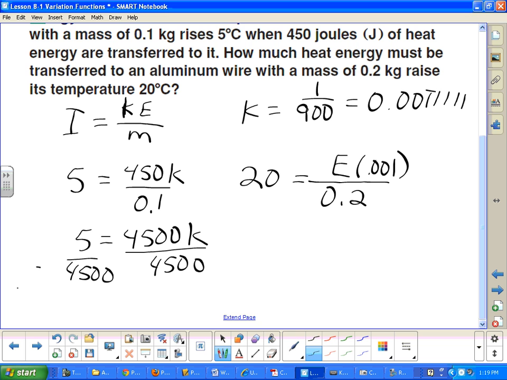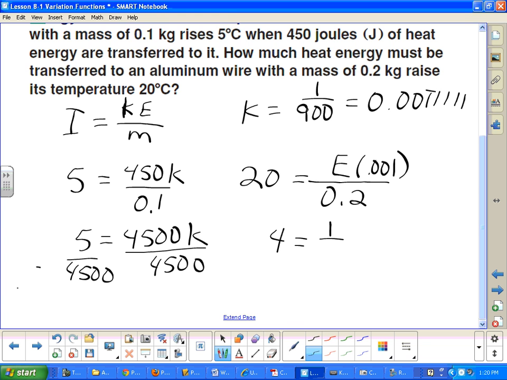So how many of you are really smart? All of you, yes, good. Okay. 0.2 times 20 is 4, right? 2 times 2 is 4. So 0.2 times 20 would be 4, correct?